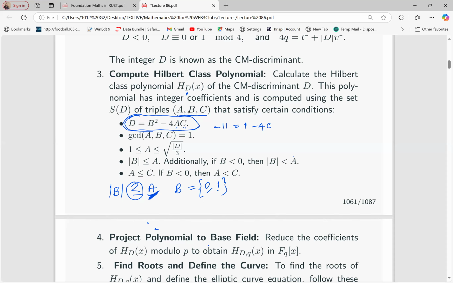So this comes out to be negative 12 is negative 4C. So in this case, our C is 3. It's an integer. So we settle on A being 1, B being 1, and C being 3. We've obtained our set ABC.